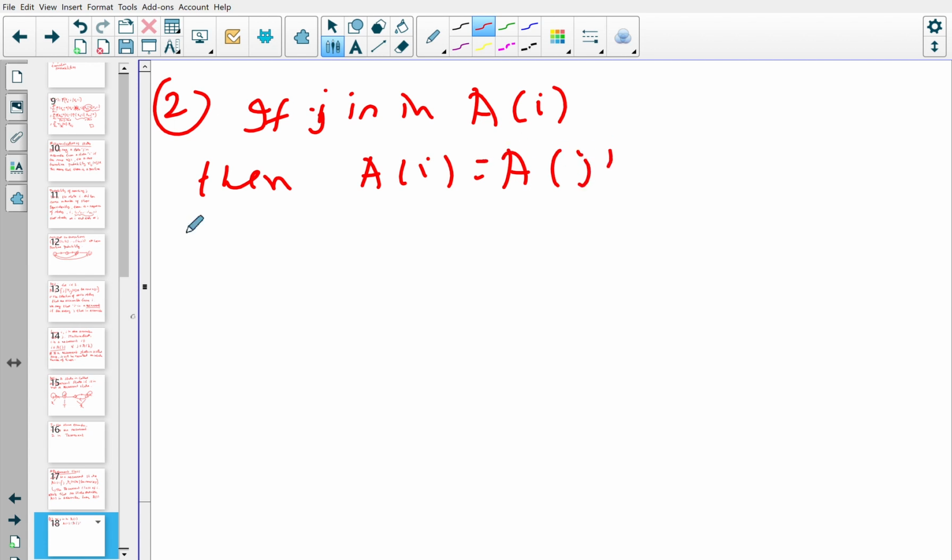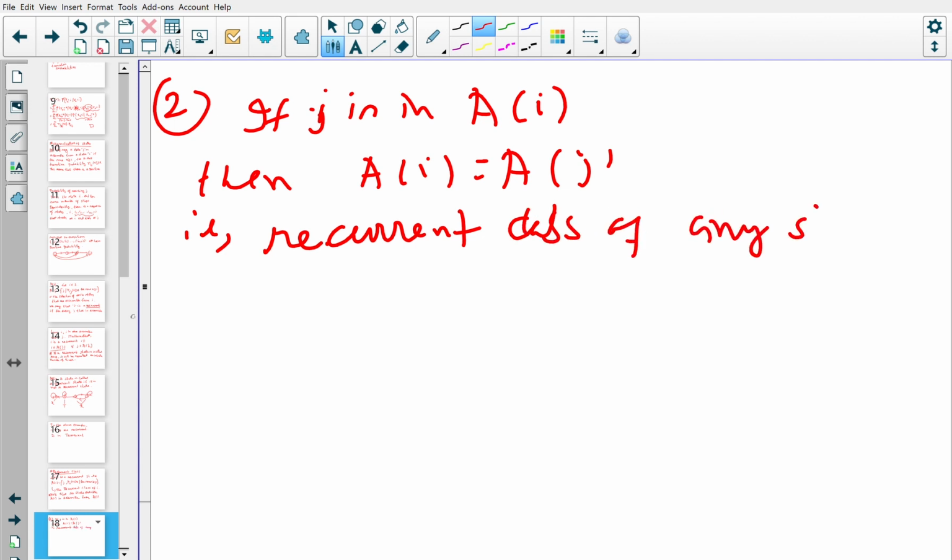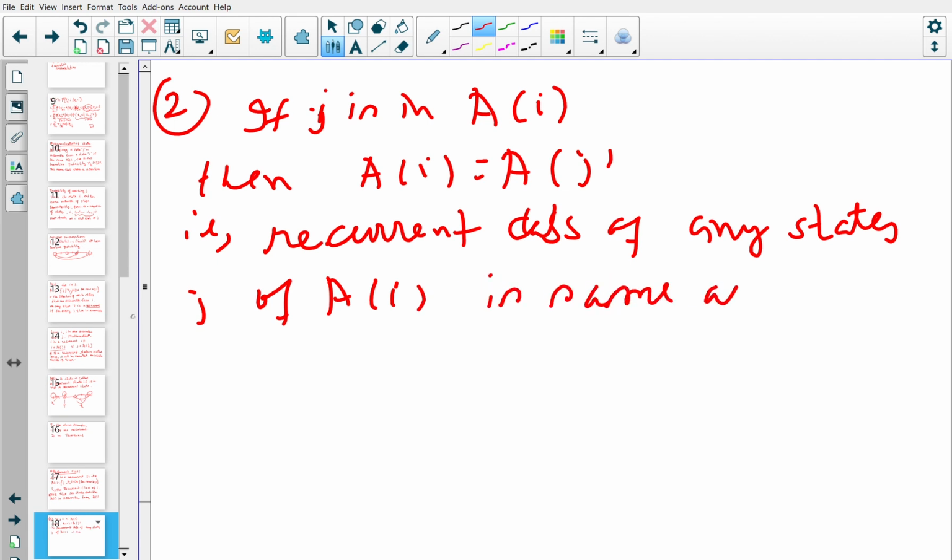That means the recurrent class of any state j of A_i is the same as A_i. So if you take any element from A_i, the recurrent class of j is itself A_i, right? Okay, so what is the upshot of this?